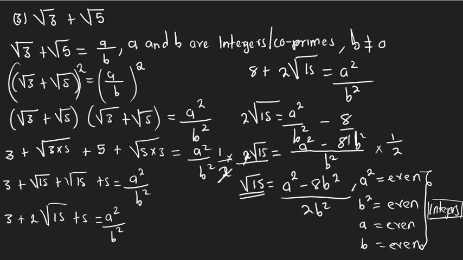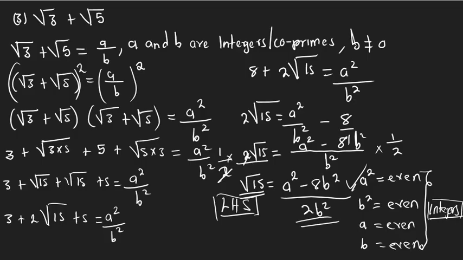And in the first place, I mentioned that irrational numbers are not integers, okay? But at the far end here, what we are getting is an integer. But what we have on the left hand side is not an integer. This is a radical. But what we have here, all these are integers.